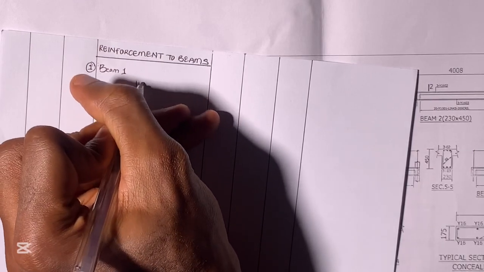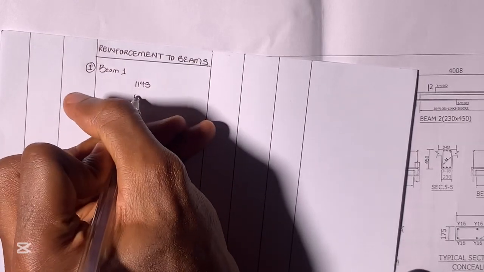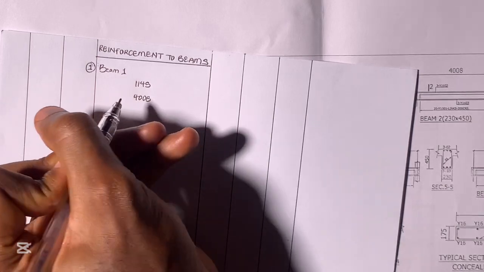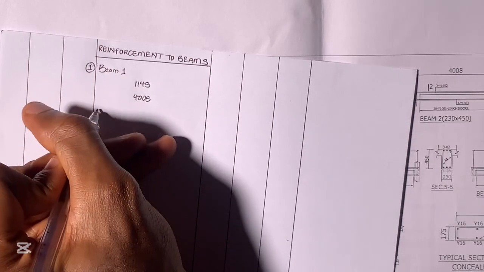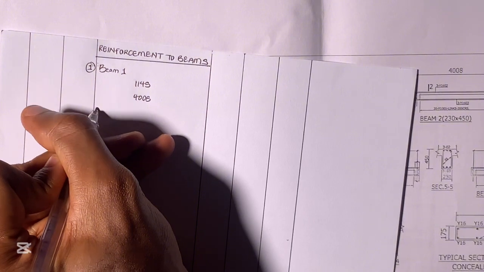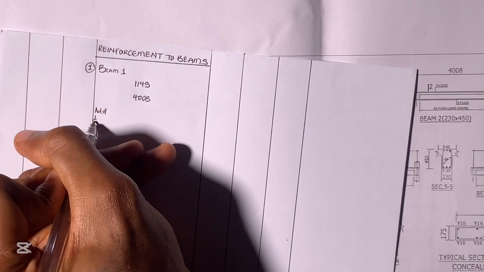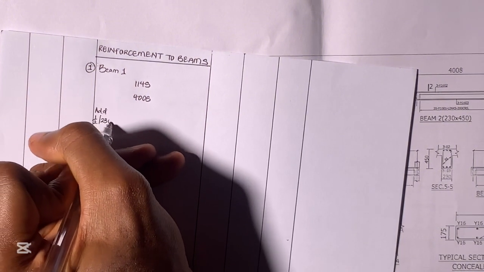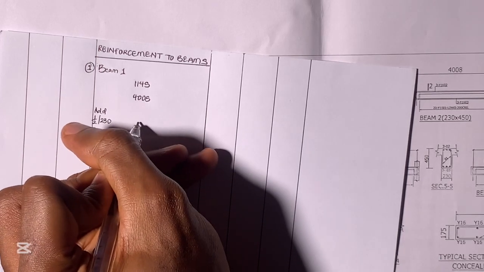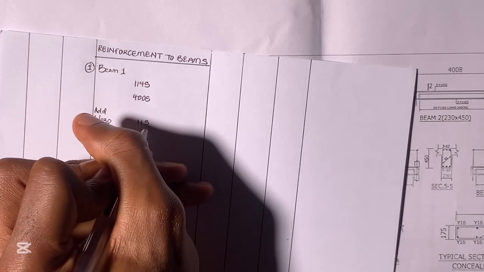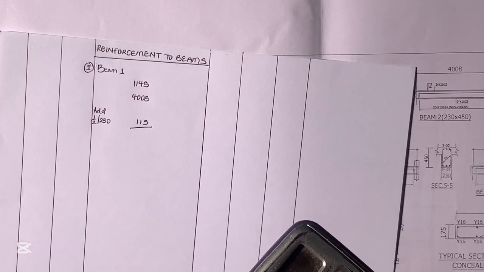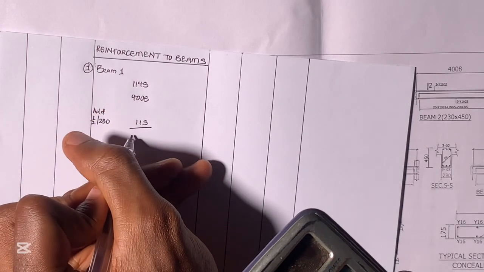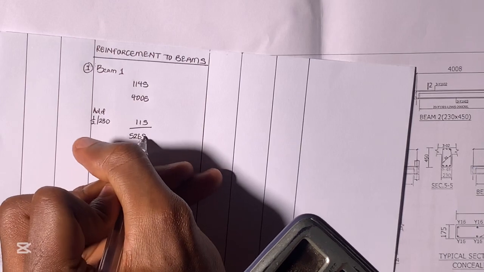So 1145 plus 4008 plus half of 230, which is equal to 115. When you do the math, you're going to have a total of 5268.